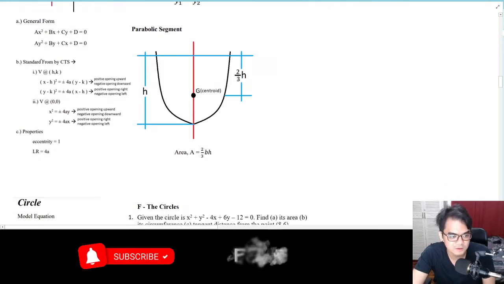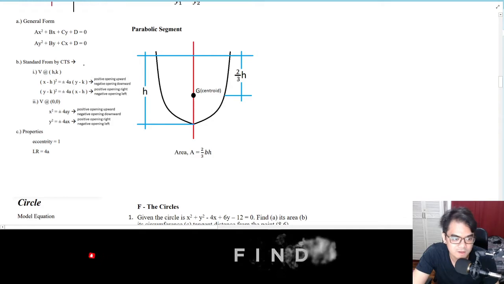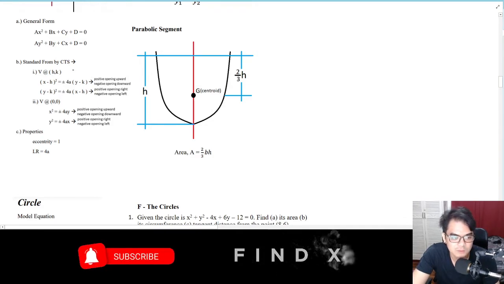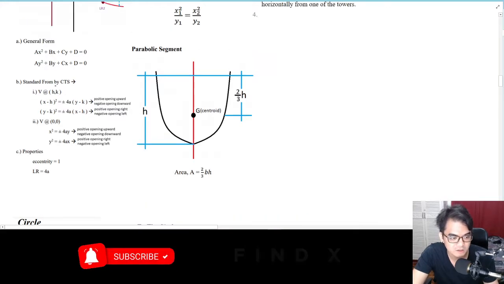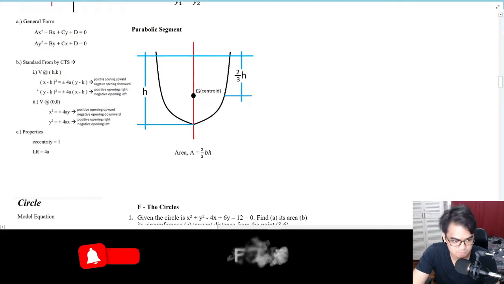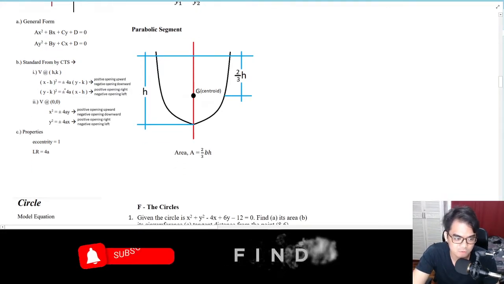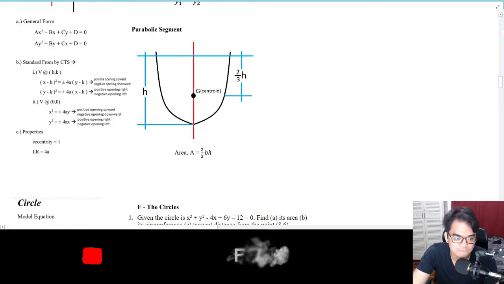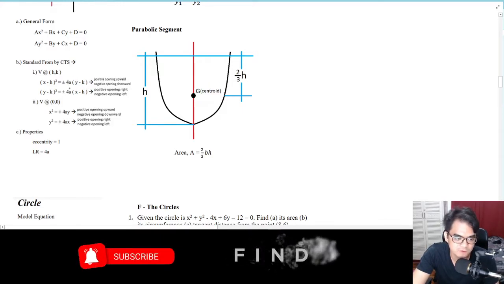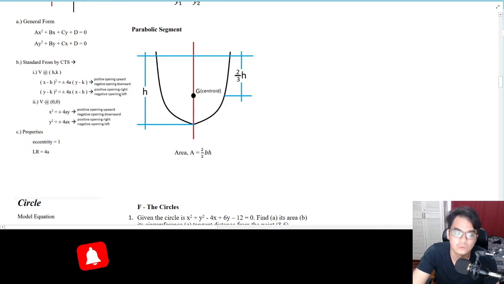Then we have the standard form, by CTS or completing the square. For the first one, the vertex is at (h, k), and x minus h squared equals plus or minus 4a times y minus k. If 4a is positive, the opening is upward, and if it's negative, the opening is downward.